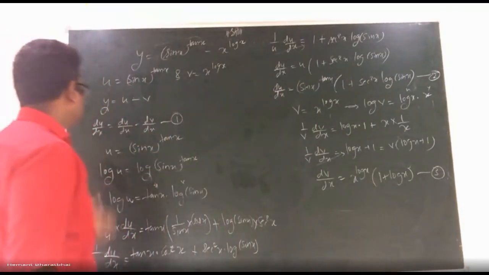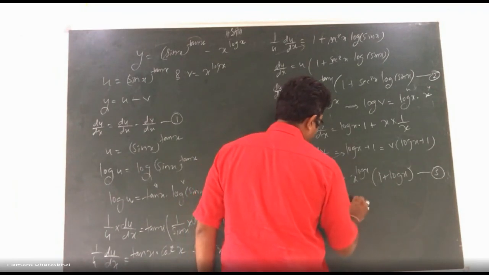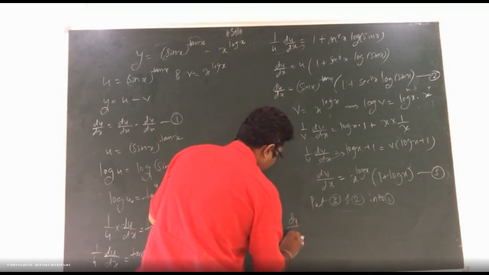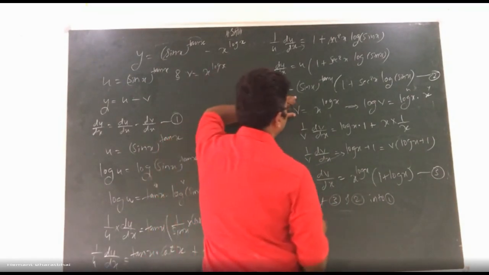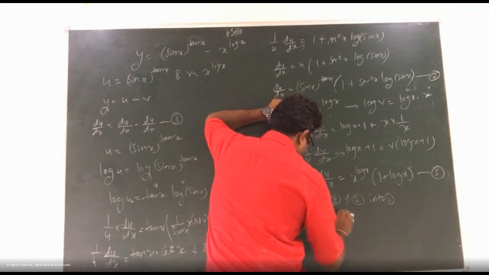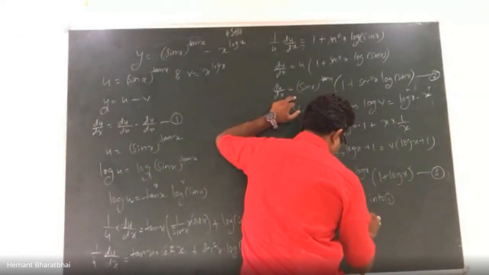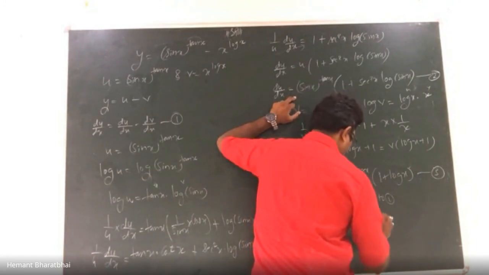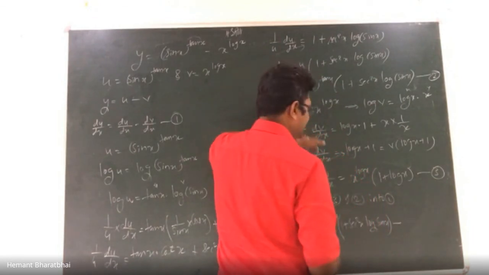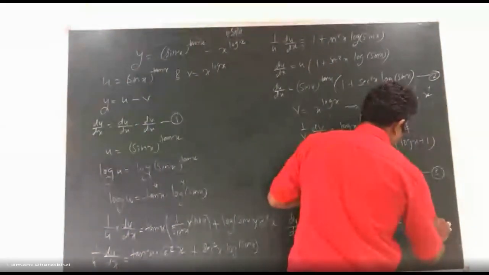Equation number 3. When I put them into 1, I will get the value of dy by dx. So put 3 and 2 into 1, and I will get dy by dx equals sin x raised to tan x into 1 plus sec square x into log sin x, minus dv by dx, that is x raised to log x into 1 plus log x.